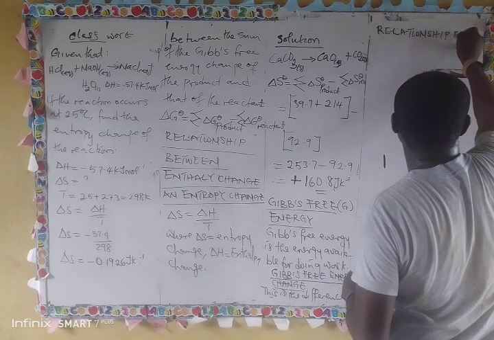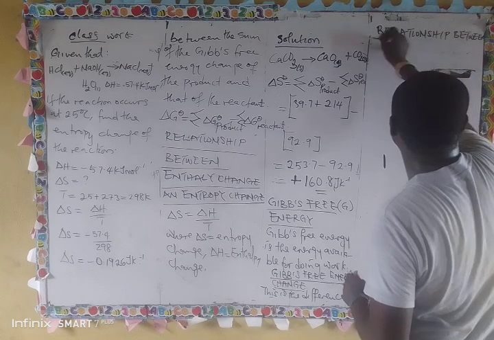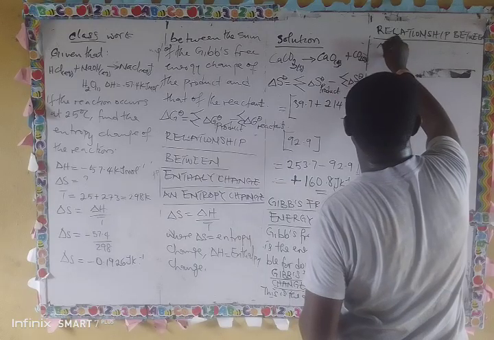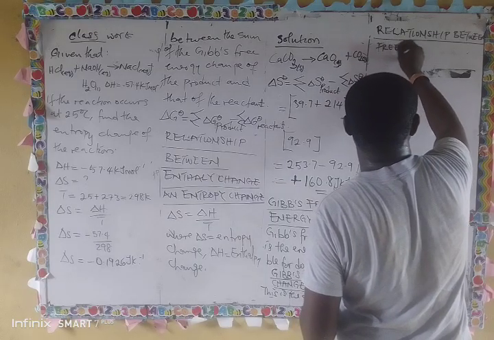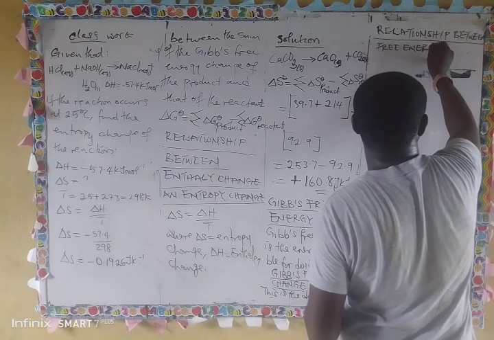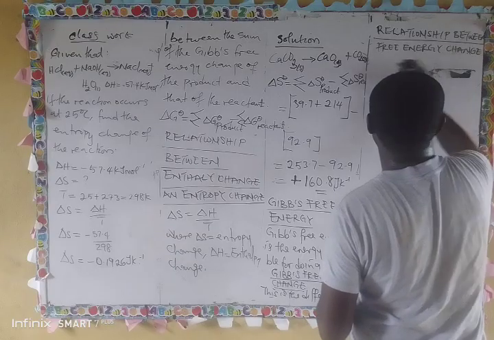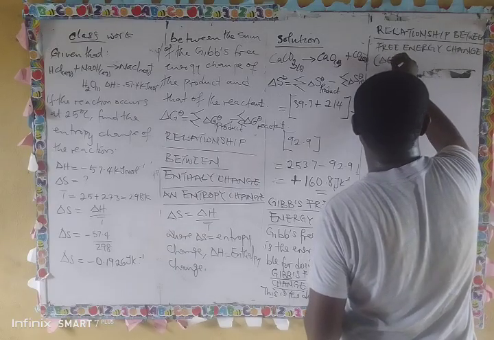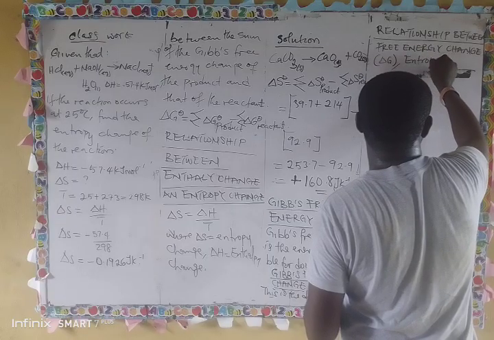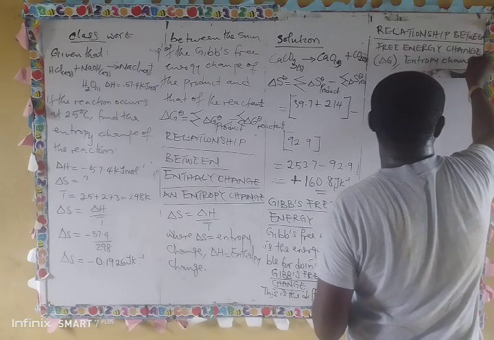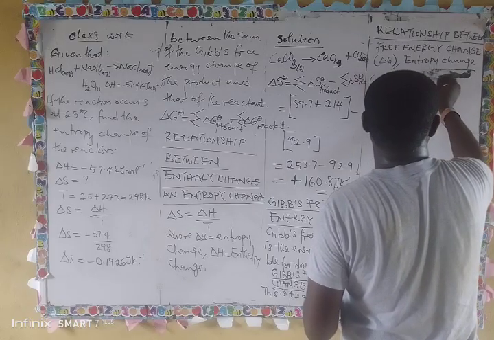Now let's look at the relationship between the three of them: delta G, free energy change; delta S, entropy change; and delta H, enthalpy change.